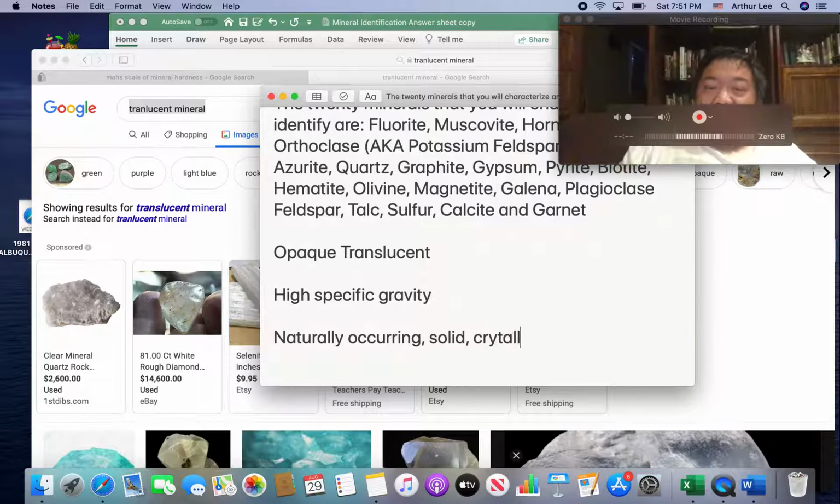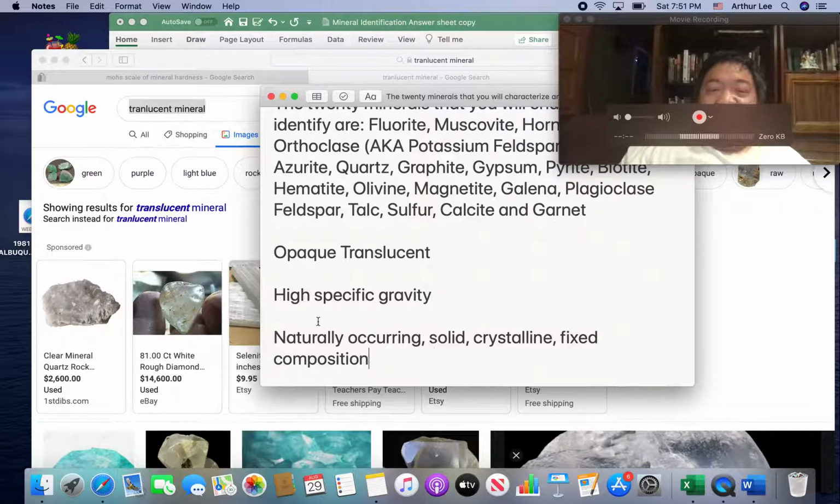It means it's made of crystals. And it has a fixed composition, meaning that a mineral has to fit all 4 of these criteria to be considered a mineral. Do you think that a diamond made in the laboratory would be a mineral?